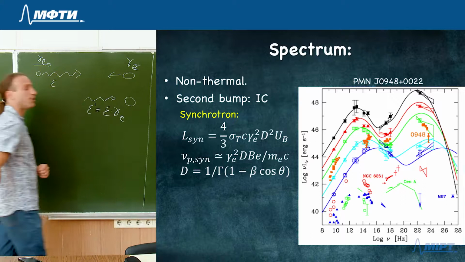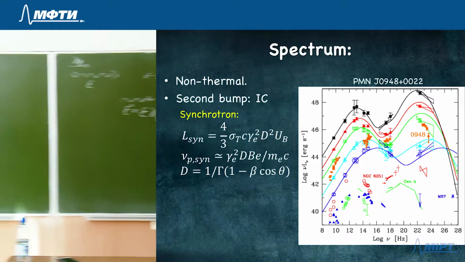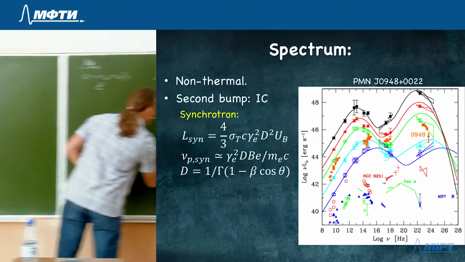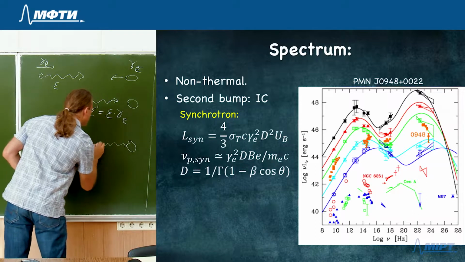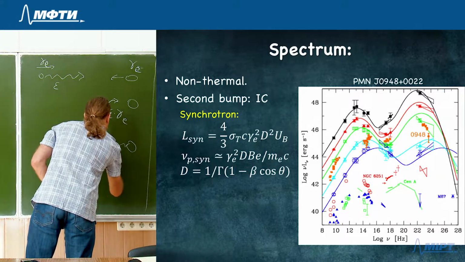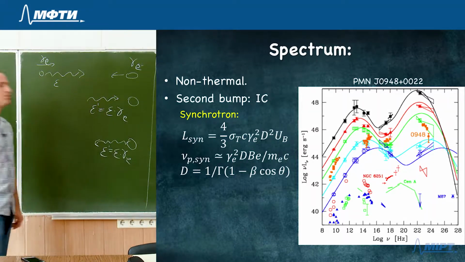This is what the electron sees. Now, this electron absorbs the light and emits it in some random direction. Since energy is conserved, this light is emitted with the same energy, epsilon prime equal to epsilon times gamma of the electron.